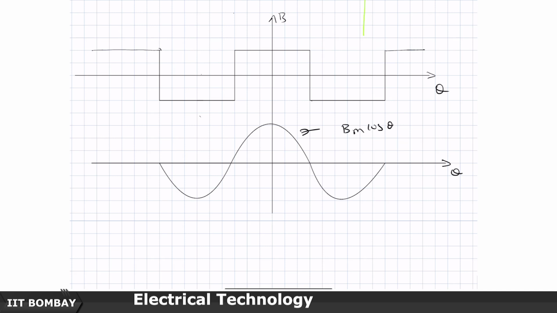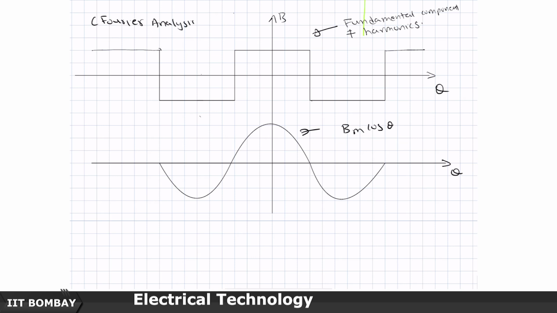Alternatively, and I will do this in more detail later on, you can think of this as having a fundamental component plus harmonics. How will you get this? You will get this by doing Fourier analysis.